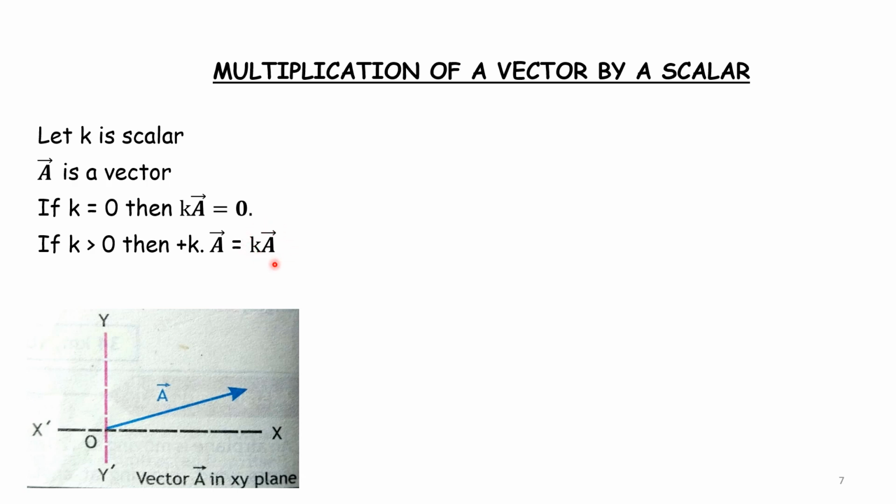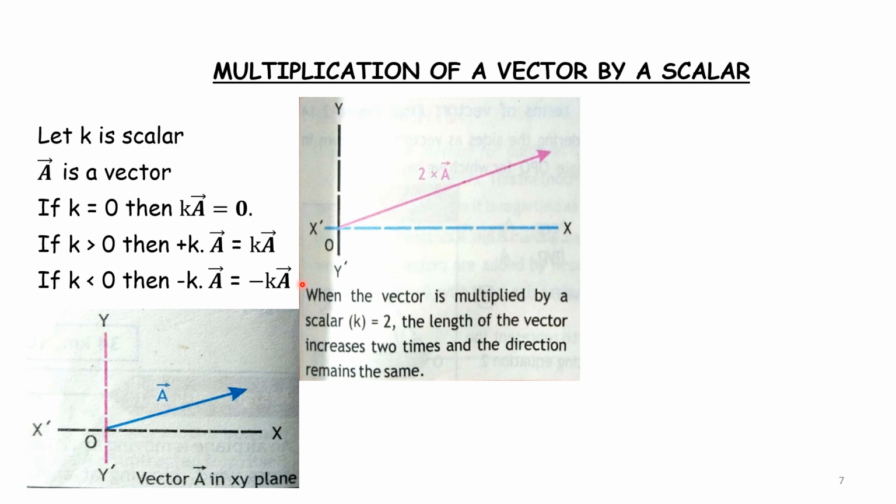When you multiply it, you get a positive vector and its direction will be along the positive axis. And if you have a number less than 0, it is a negative scalar, and when you multiply it with a vector, you get the negative of the vector.